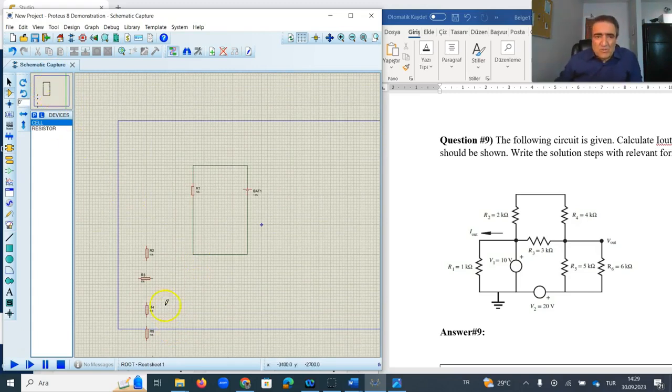Now where is R2? Select R2 and bring R2 here. Do not leave the left button of the mouse, and I have to bring it here according to my figure, and then the connection should be completed here.